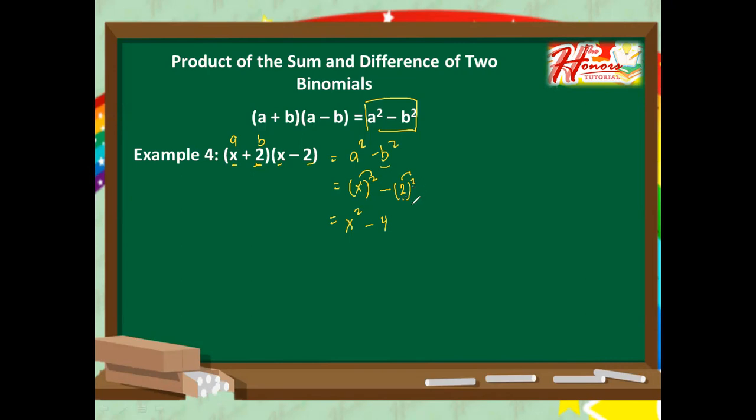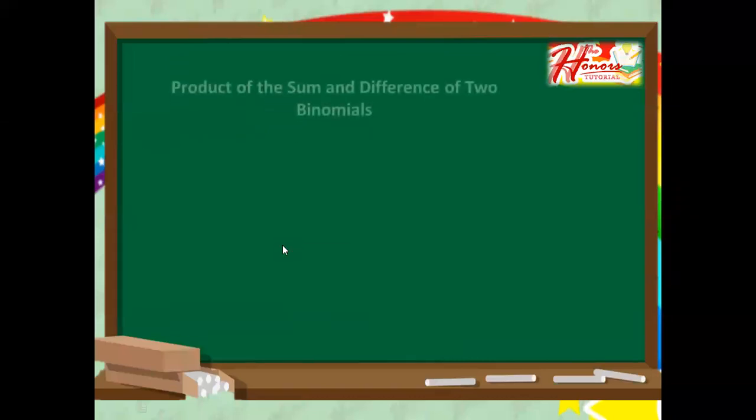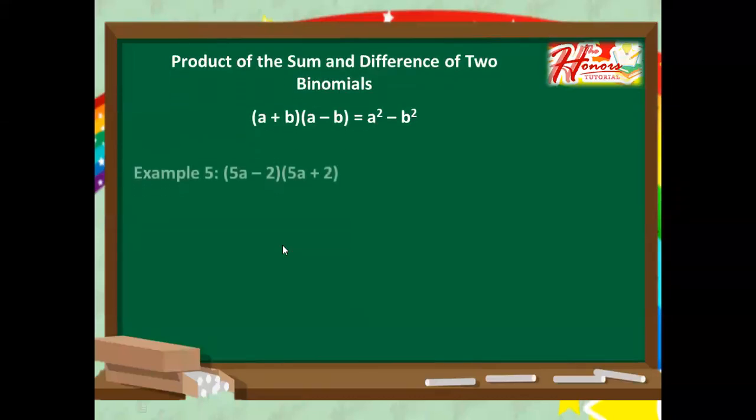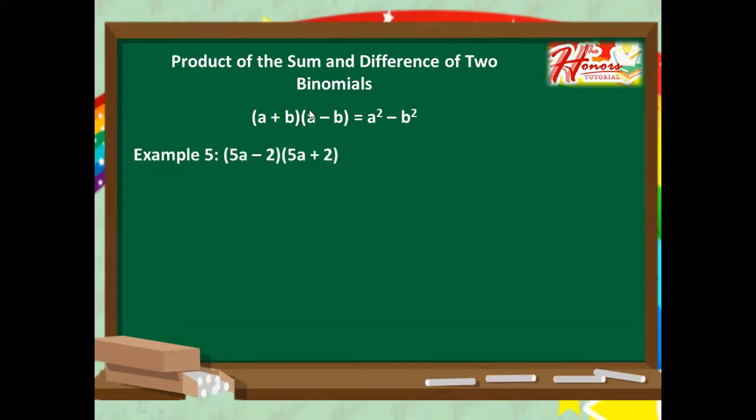No, we multiply 2, the base, to itself twice because the exponent is 2. It just happened that the exponent is also 2. So we have x squared minus 4 for the first example for the product of the sum and difference of two binomials.